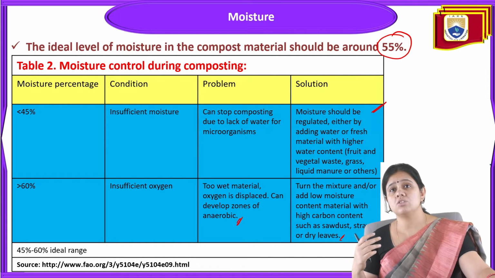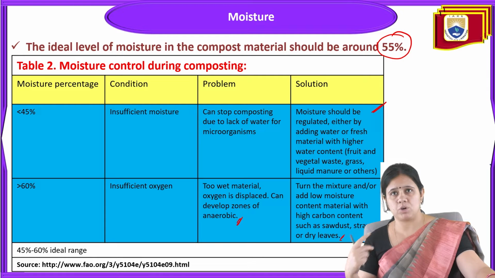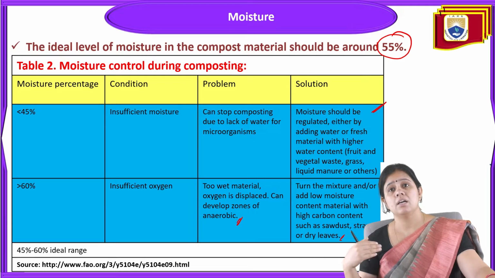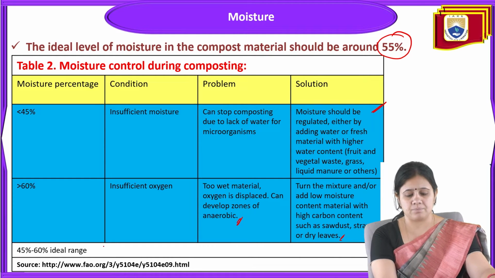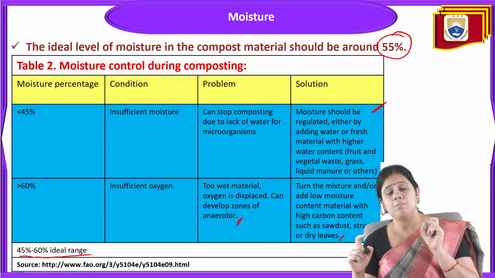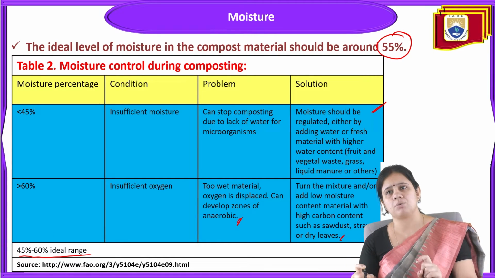So there are two types of moisture condition. First, insufficient moisture, and second, insufficient oxygen. If moisture is more than 60%, this causes the insufficient oxygen condition. As we know, 40% to 60% is the ideal moisture range for a good composting process.